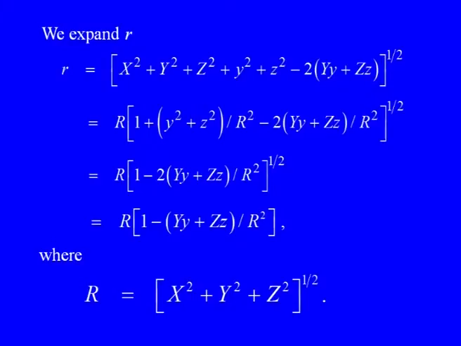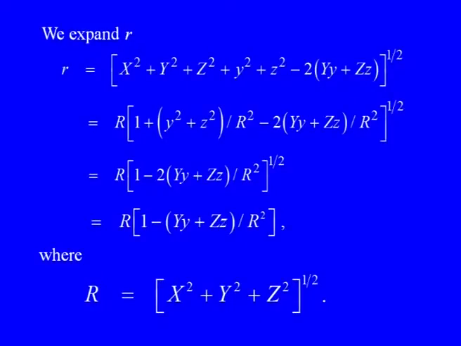The result is small r is now equal to capital R and then 1 minus twice capital Y y plus capital Z z upon R square, the whole square root. Now, expanded through binomial expansion, so that whole square root factor drops down, and now we have finally capital R multiplied by 1 minus this term, capital Y y plus capital Z z upon R square.